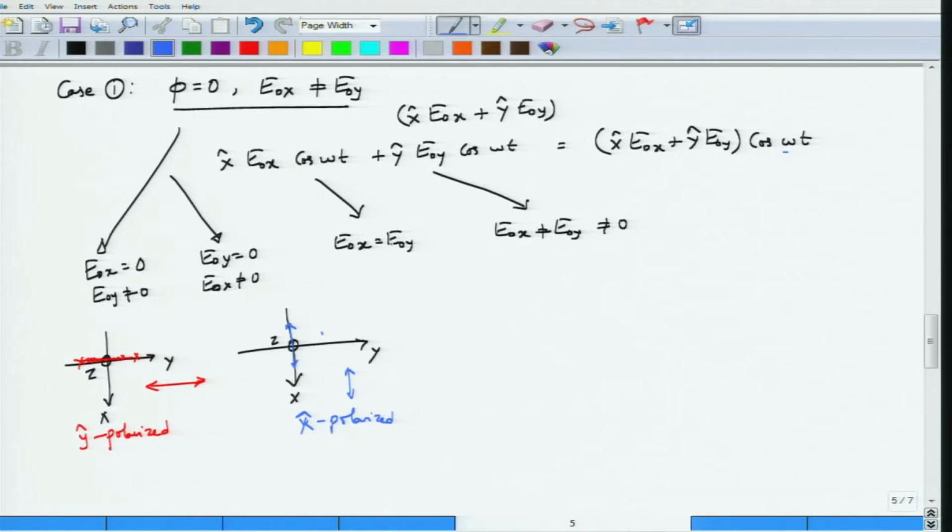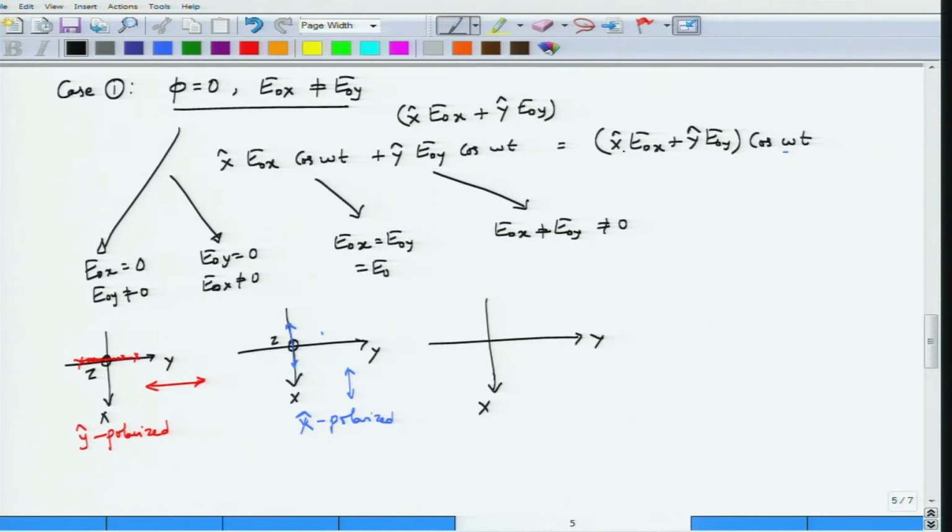How about E0x equal to E0y? What will be the direction of this one? You can easily show that when E0x is equal to E0y, which is equal to some constant E0, that constant E0 can be taken out, and then you have x hat plus y hat.